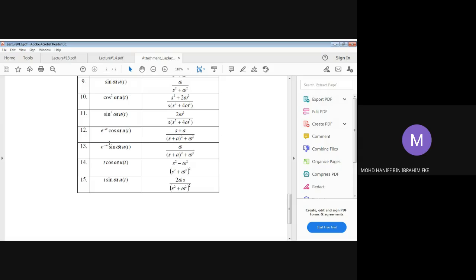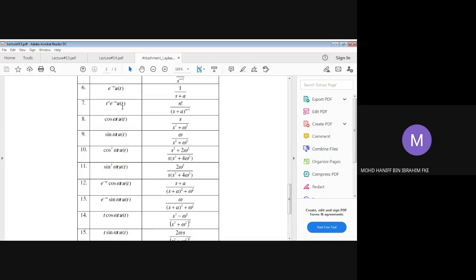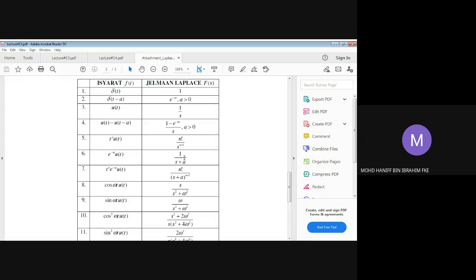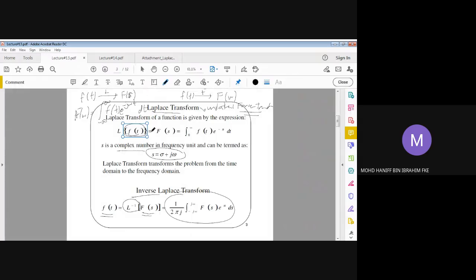If you recall, the integration to obtain the Laplace transformation is from 0 to infinity. That is why all your signals are represented by the step function u(t), meaning all the signals here are meant only for positive t values. That is what you have to understand, and it is the difference between the Laplace transform and the Fourier transform. Okay, so we get back to lecture 13.